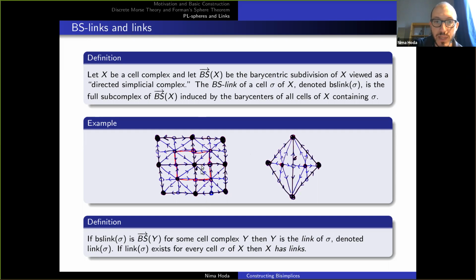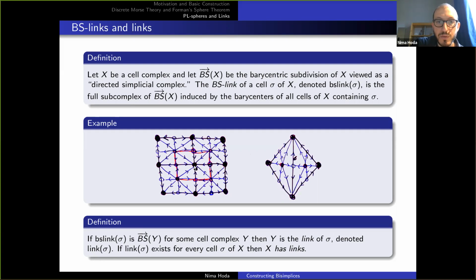So just to make sense of that, let's take a look at a pair of simple examples. Here, what we have is the 2x2 grid of squares, in black. We took the barycentric subdivision, so some new vertices and edges are introduced, and we're going to take the BS link of this central vertex here, sigma.